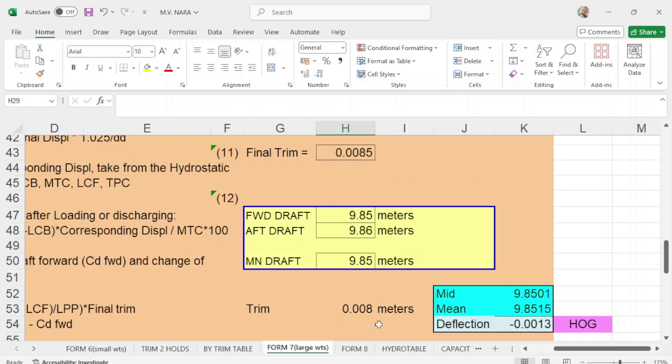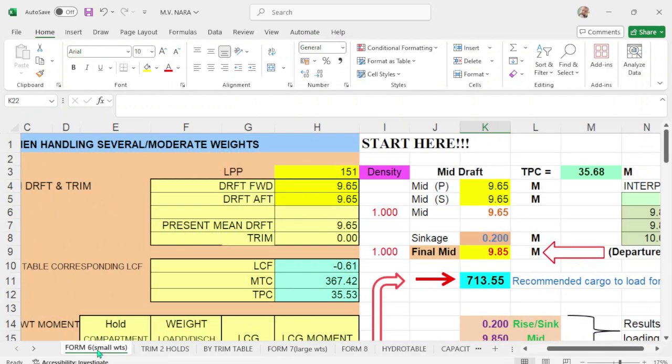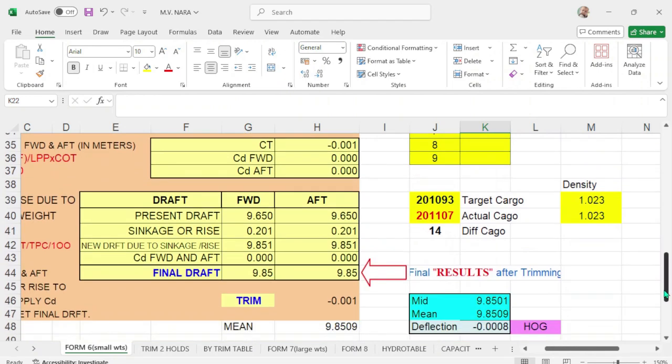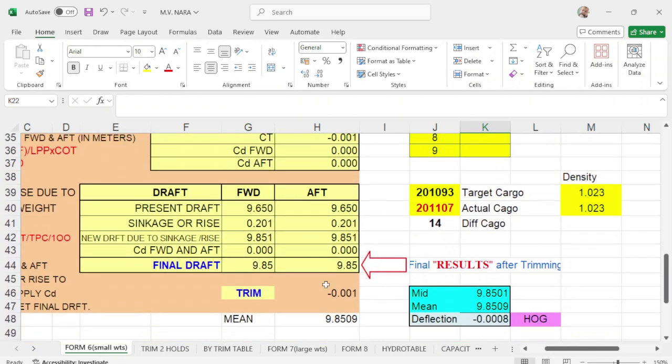Okay, you have zero trim and you have zero deflection. So it's a matter only of calculation by the program. That's why you have 9.86, but actually it's the same. The important thing is your mean drop of 9.85, which is the same as in your graph here.